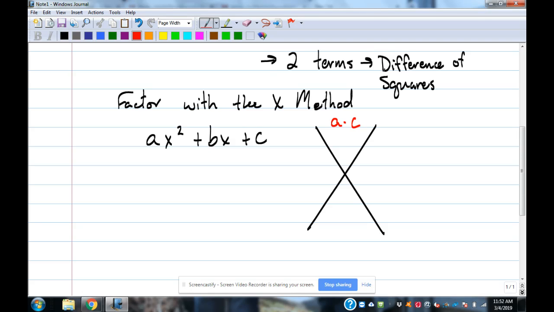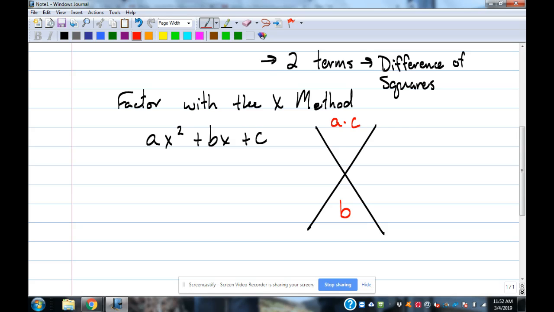Okay, the bottom number is going to be whatever number is in front of plain x, B. No calculation needed for that one. So we multiply A and C together to get the number that goes in the top. The number that goes in the bottom is B, the number that's in front of the plain x.